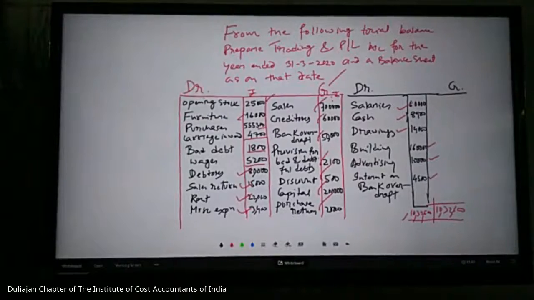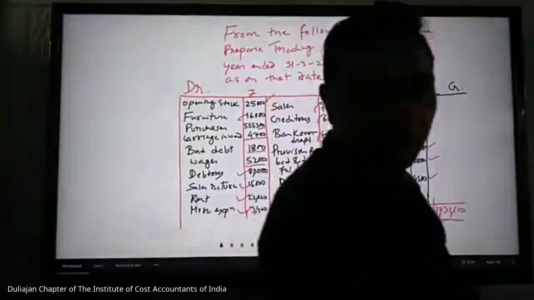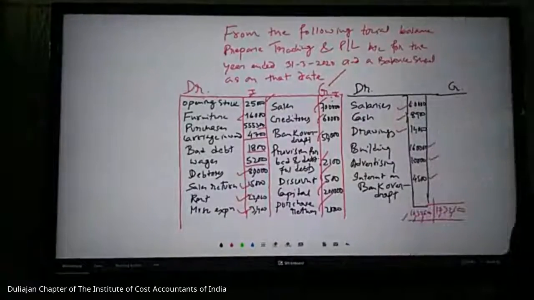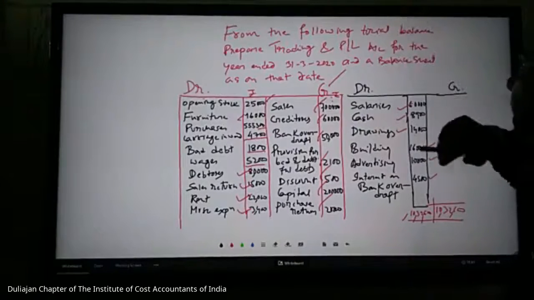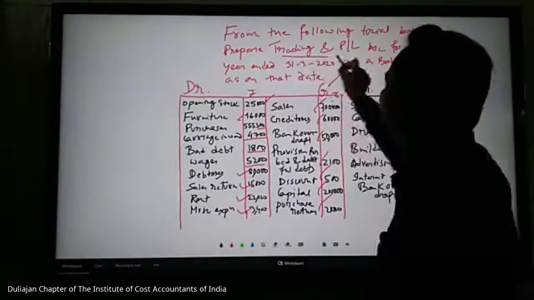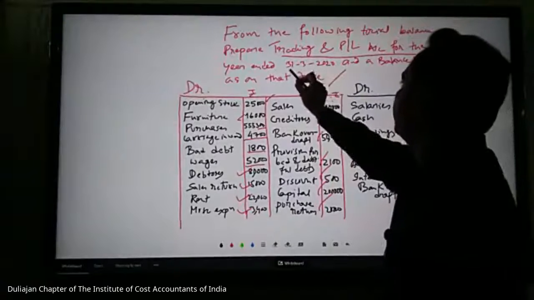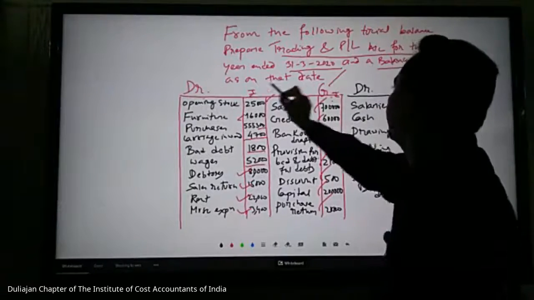This is the trial balance. Prepare trading and profit and loss account for the year ended 31st March 2020 and a balance sheet.